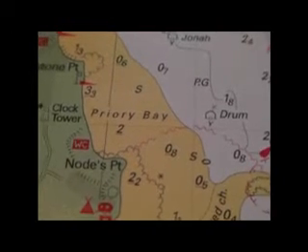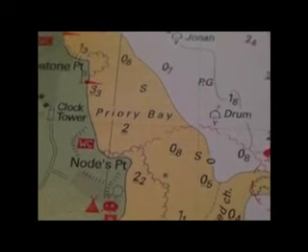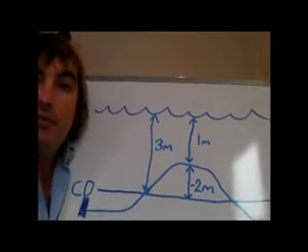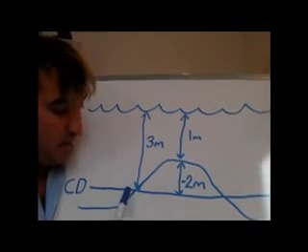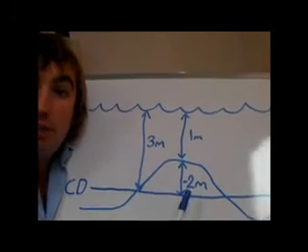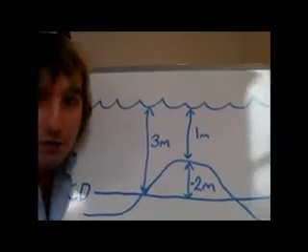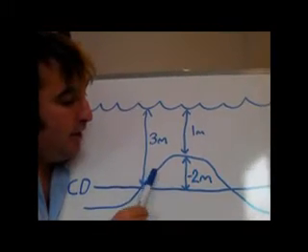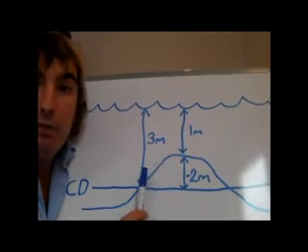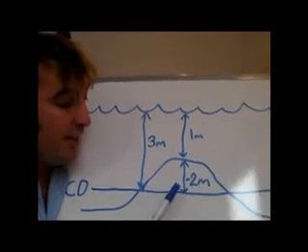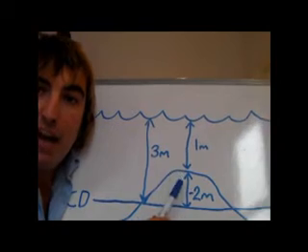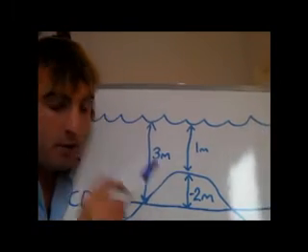And I'm going to draw it up on the board so it's a bit easier to understand. So what we've got here is our chart datum line, which is our lowest possible tide, as I mentioned several times. And then here is the actual seabed. And notice how it's coming above chart datum, and it's actually a drying height of 2 meters. We've just seen at Priory Bay it's a drying height of 2 meters.